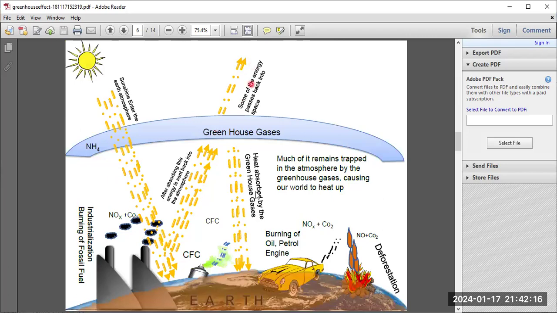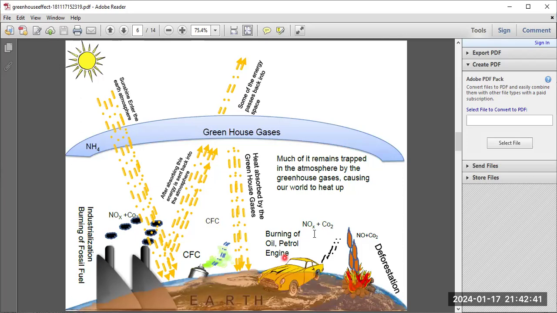Here we can see the diagram of the greenhouse gases. The gases which cause the greenhouse effect are NOx plus CO2, CFC; that is, nitrogen oxide plus carbon dioxide.